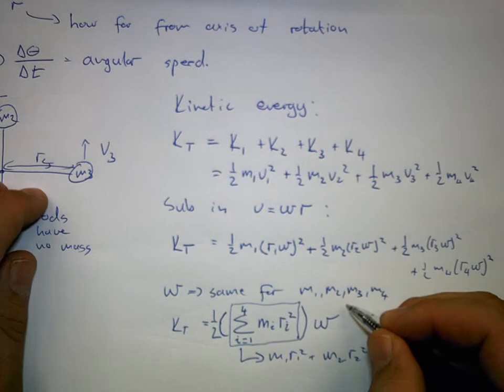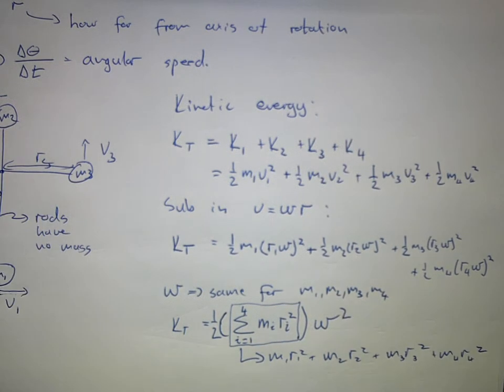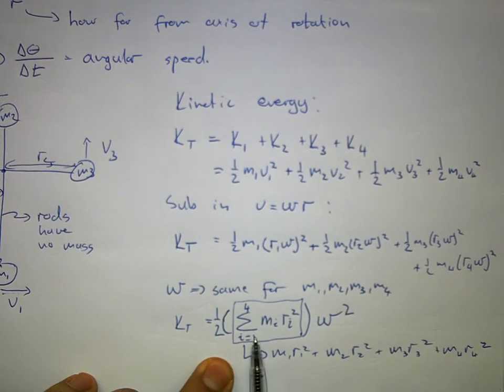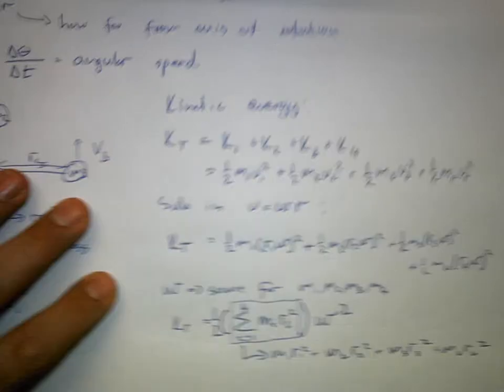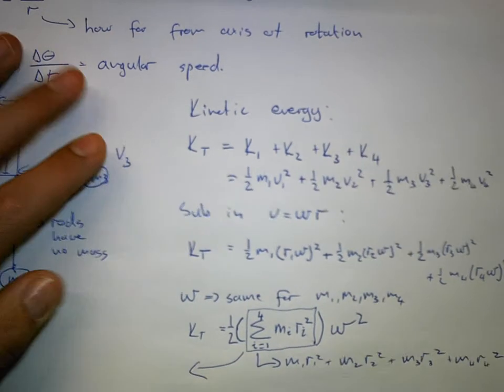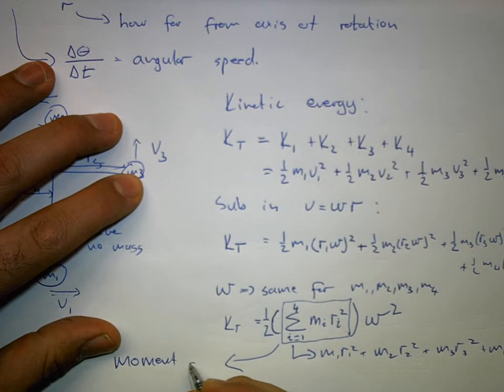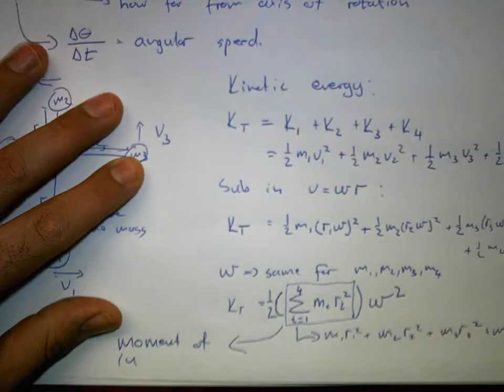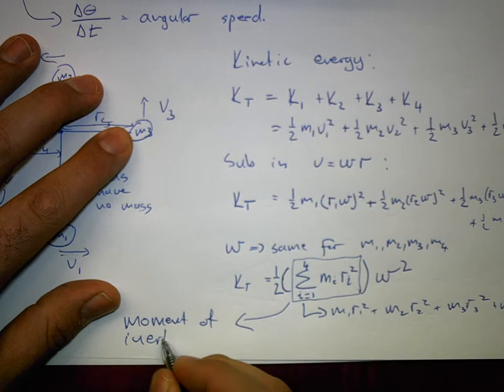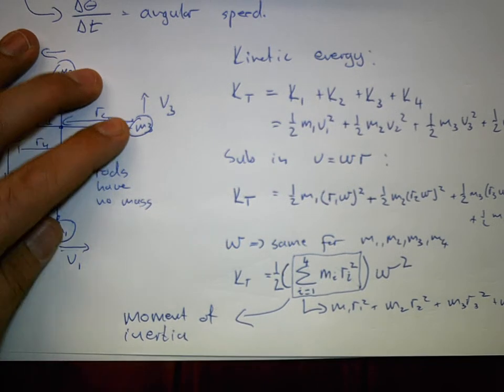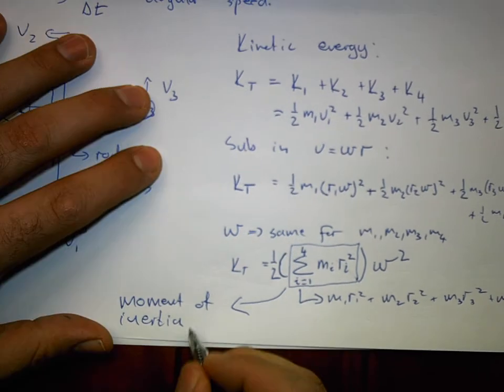Sorry. Now, this thing that I've drawn here, this thing in this rectangle, we give this a special name. We call this the moment of inertia. Now, what does the moment of inertia tell you?